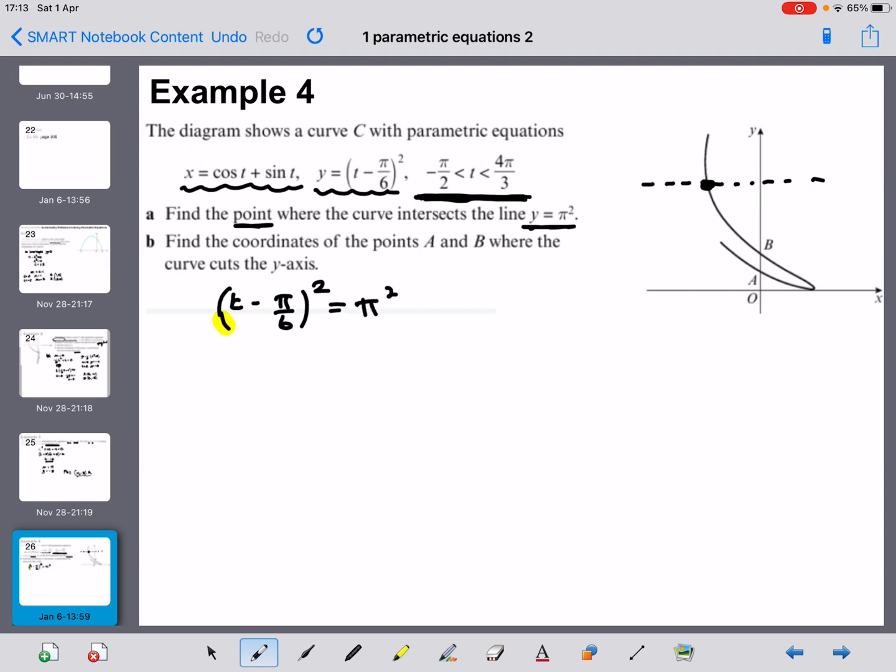So I've just set my y parametric equal to pi squared. If I square root both sides, I'll get t minus pi on 6 equals plus or minus pi.